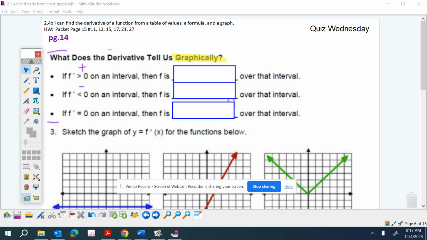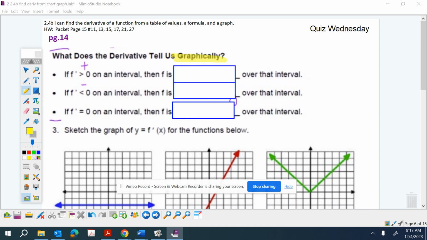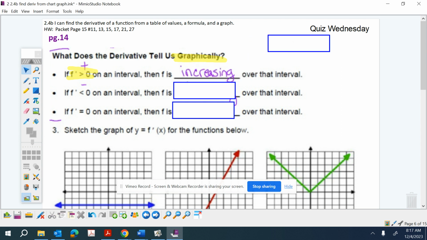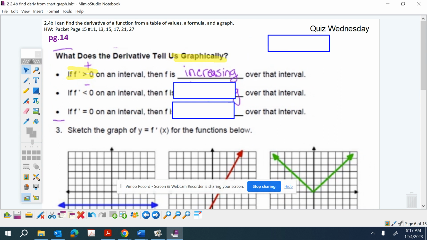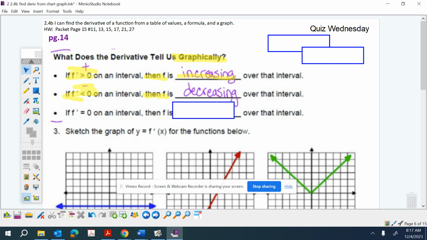So the rule says that when your slope or derivative is positive, then that tells you that the original function is increasing. When my derivative or slope is negative, that tells me the original function is decreasing.